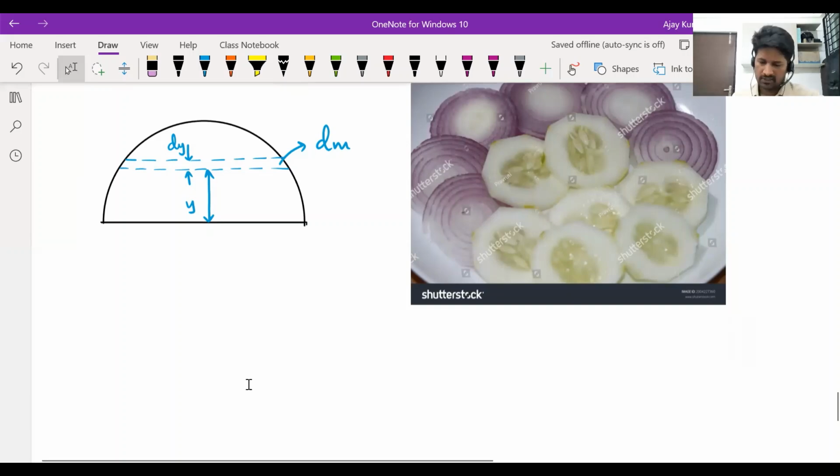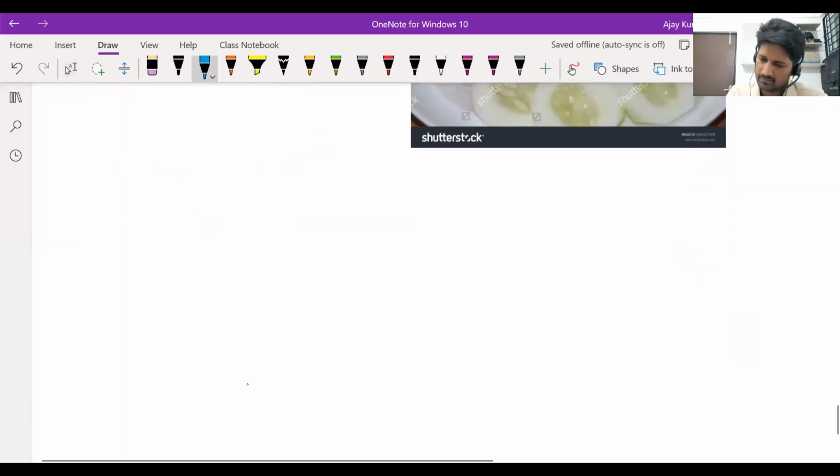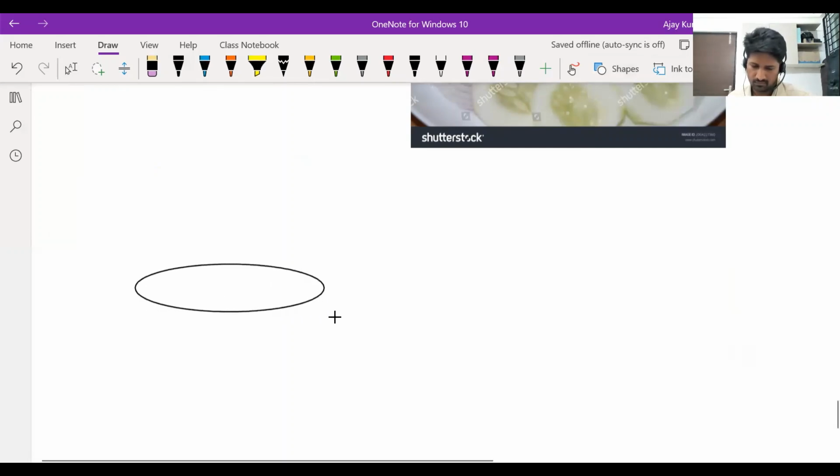Okay, if you visualize the disk element, this kind of visualization is important, as I said.